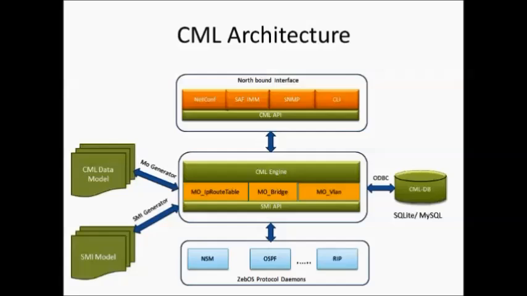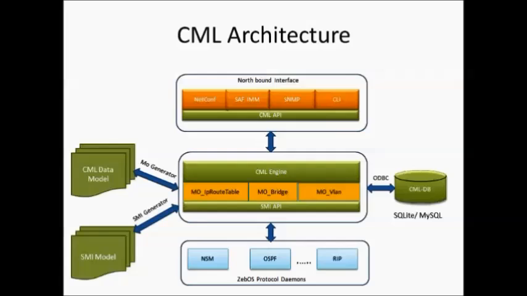This has been used to ensure that developers or various third-party application developers can replace this CMLDB with any SQL database of their own choice, and the interface between the CML engine and the database doesn't change.